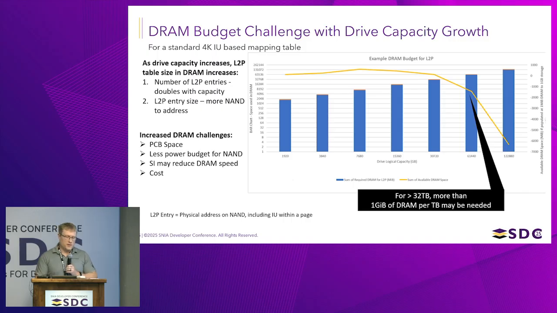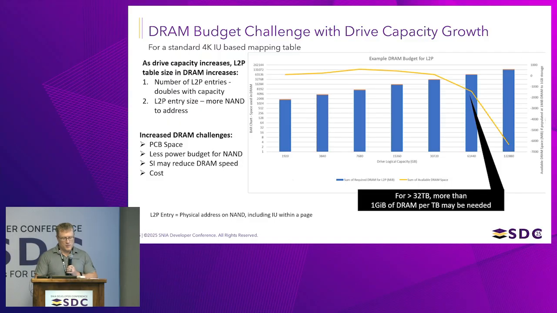The number of table entries in my mapping tables is doubling with the capacity, and also the size of those entries is increasing a little bit as I have to address more NAND. So now I'm running into the negative space. The 1 gigabyte per terabyte ratio can be broken on these larger capacities.